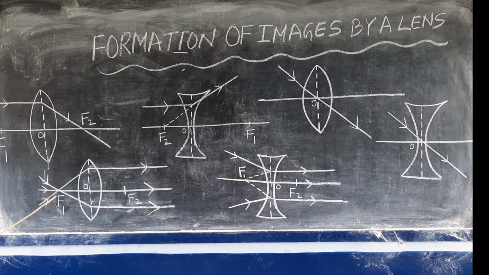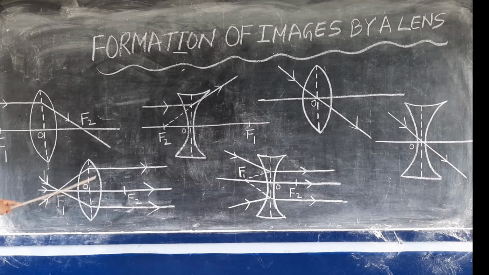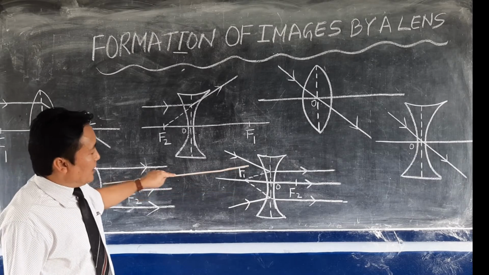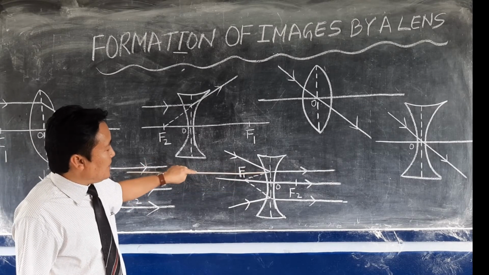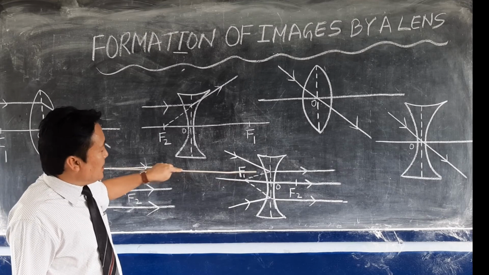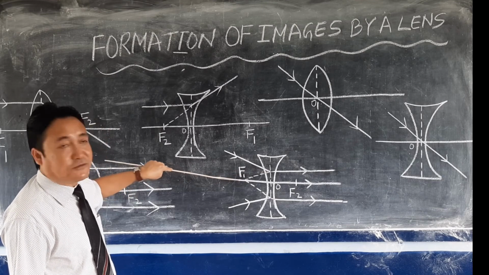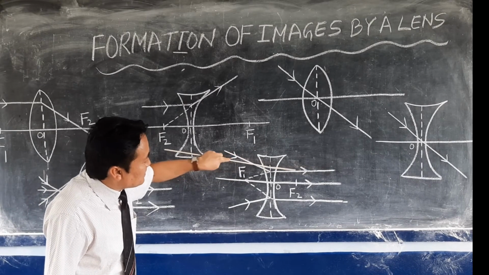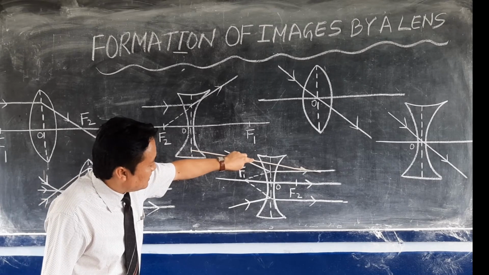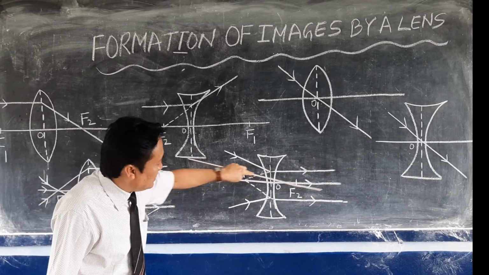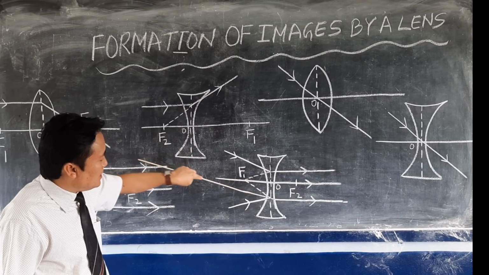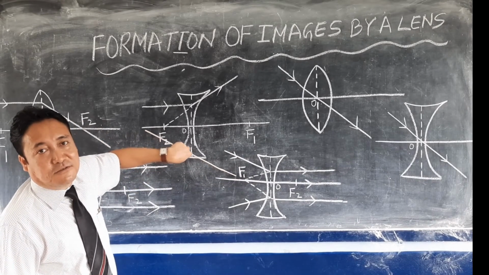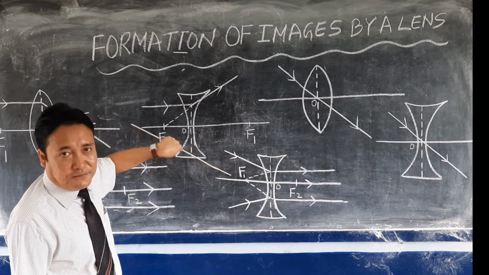Then, in the case of a concave lens, the incident ray is directed toward the first focal point, and the refracted ray appears to come from the first focal point.